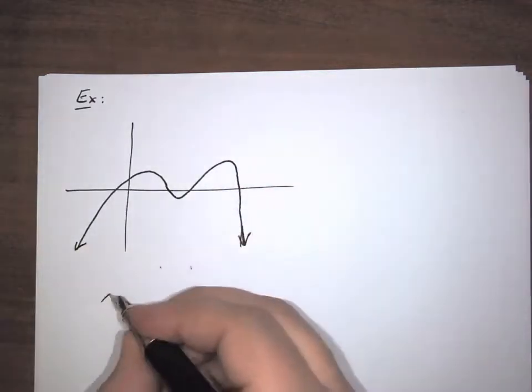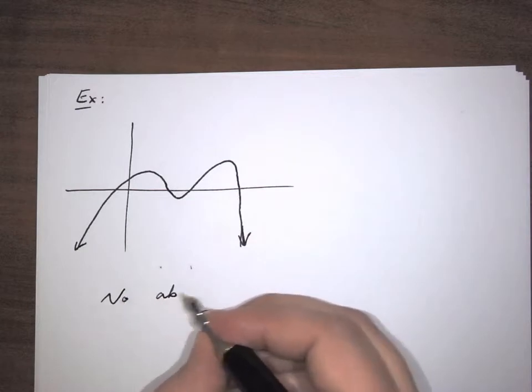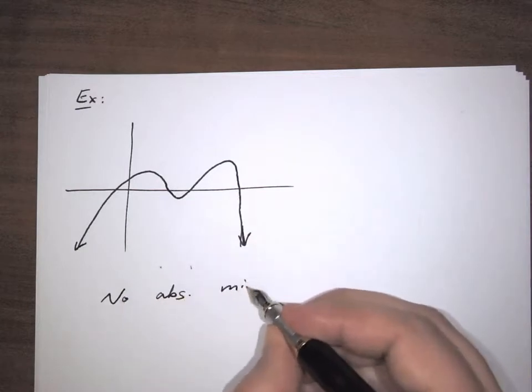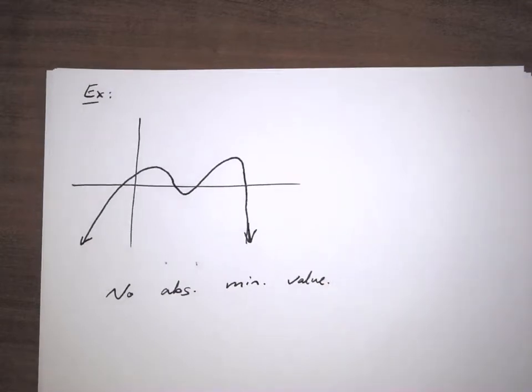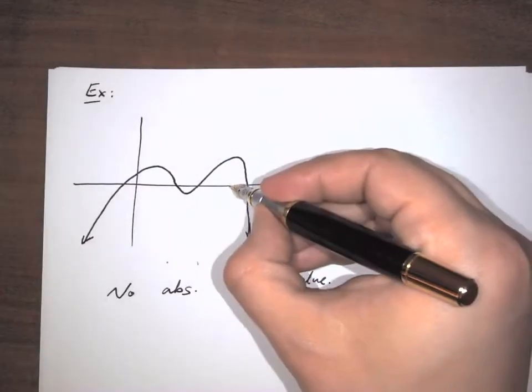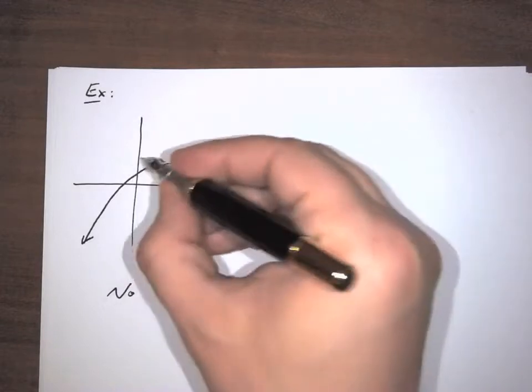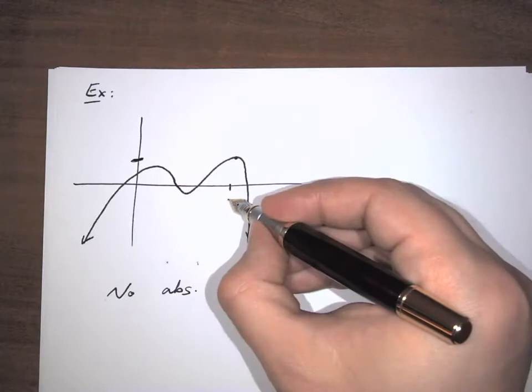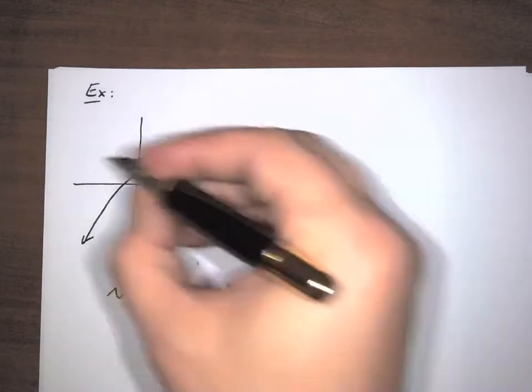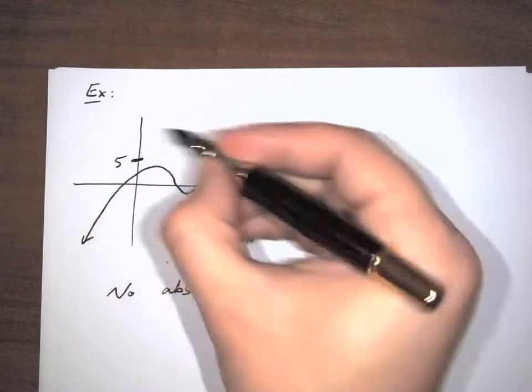And so there is no absolute minimum value because the arrows indicate that it keeps going down further and further. However, in a case like this, there would be an absolute maximum value. Say this is at 7, and let's say that's at 5.